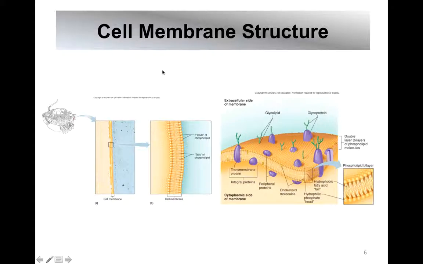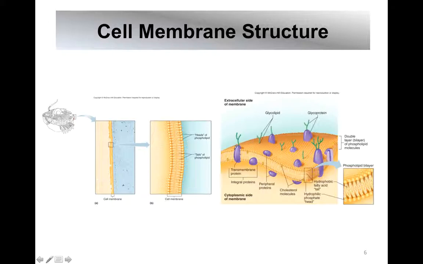So let's look at a few of those. So here's the phospholipid bilayer. That's that phospholipid bilayer right here, where you have the heads towards the inside and the heads towards the outside, wherever the hydrophilic environments are, those watery environments.